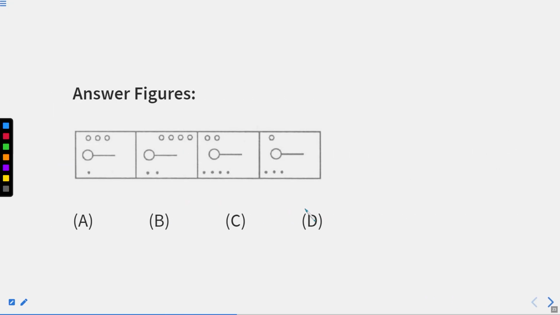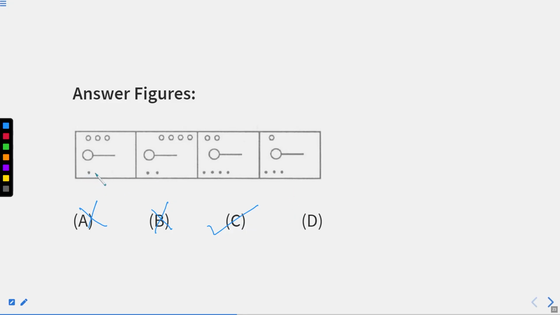So this is our alternate option. How many circles do we need? Only 2 circles. Does option A have 2 circles? No, this is not our answer. Does option B have? No. Does option C have? Yes. So option C will be our answer. We can check with either of them, right? You can see how many dots we need.